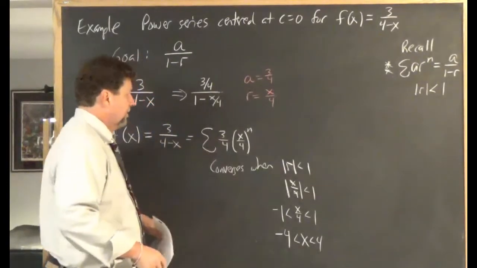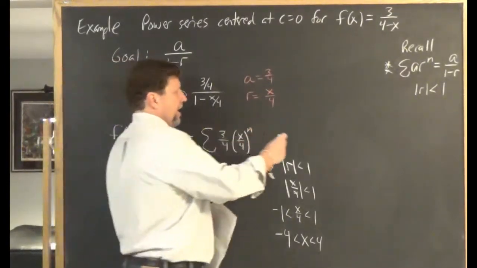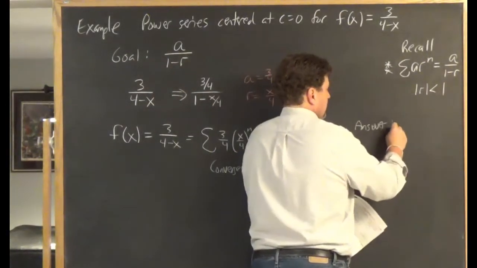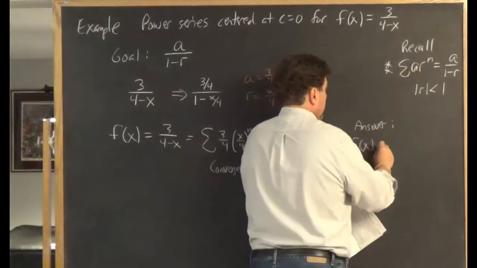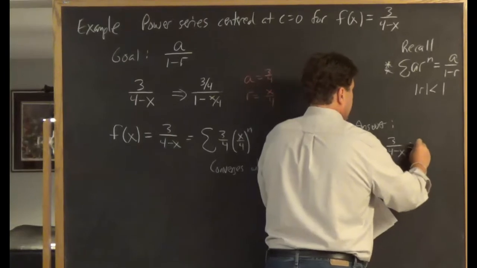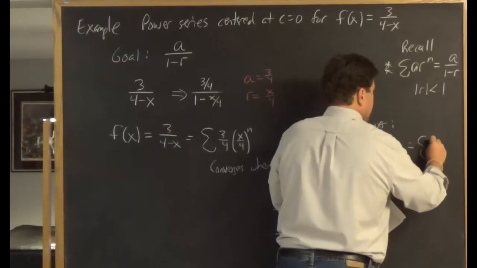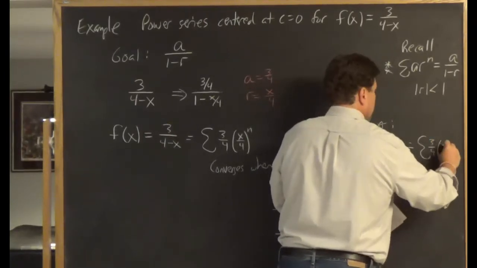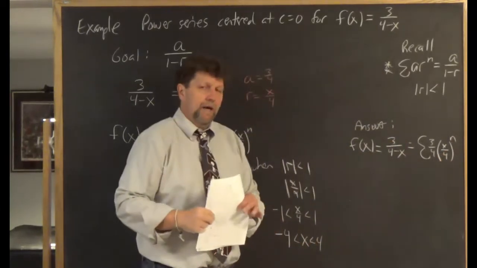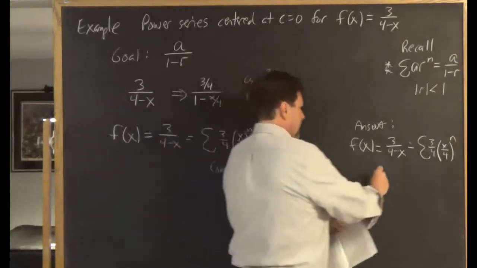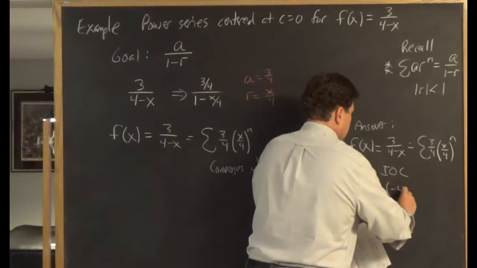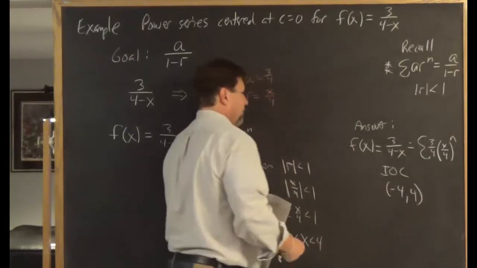So for this power series, here's our answer. The function 3 over 4 minus x is a power series representation of the sum of 3/4 times the quantity x over 4 to the n, and the domain, or the interval of convergence, is negative 4 to 4.